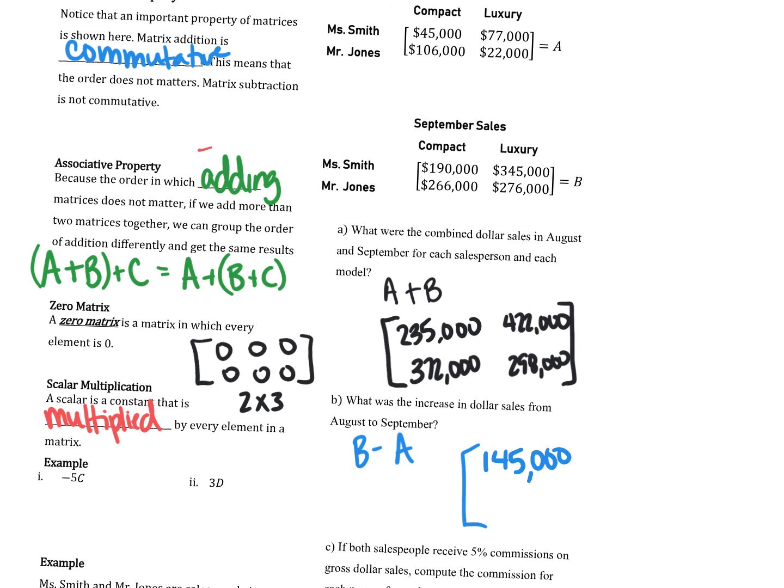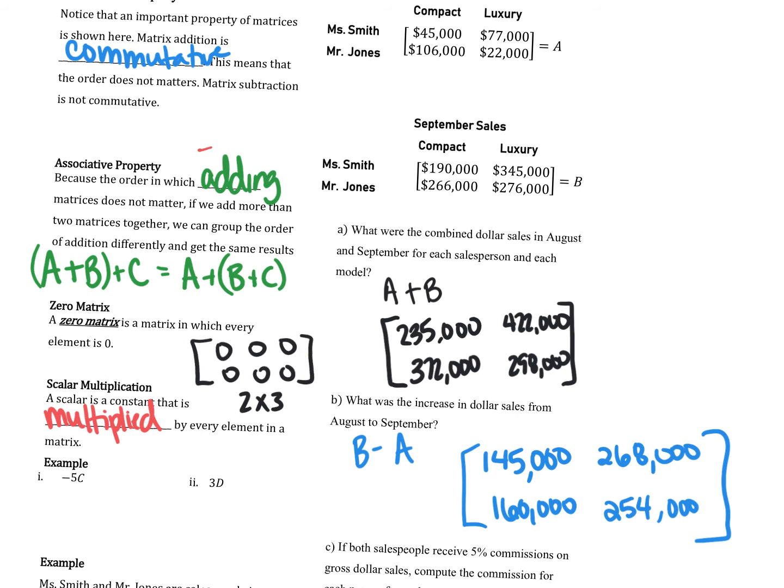And then it was 345 minus 77, 268,000 increase here. 266 minus 106, that's a 160,000 increase. And then 276 minus 22, that is a $254,000 increase.